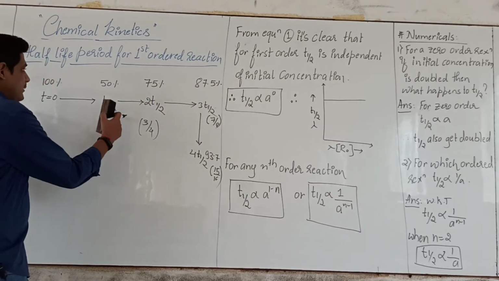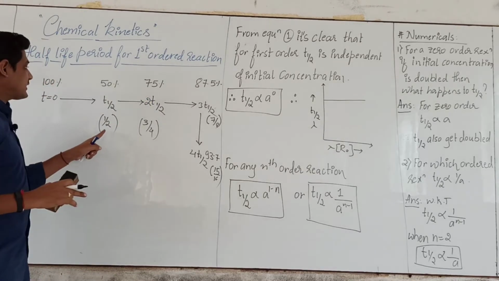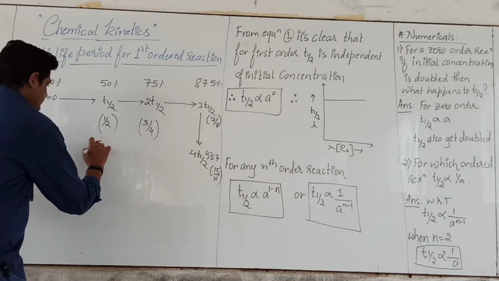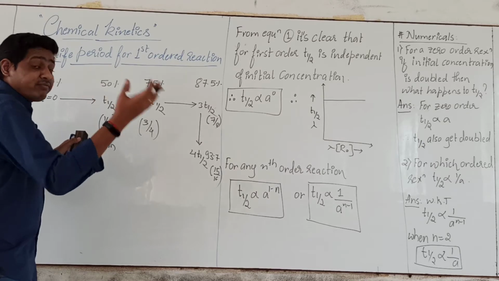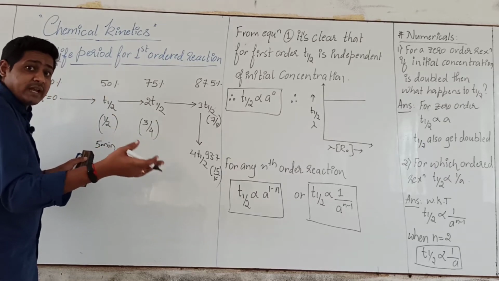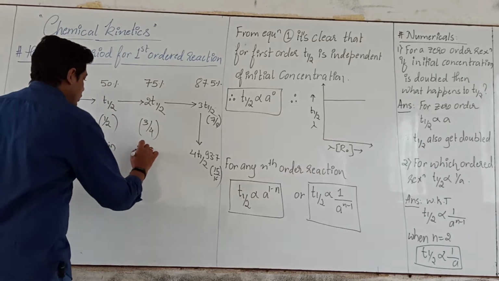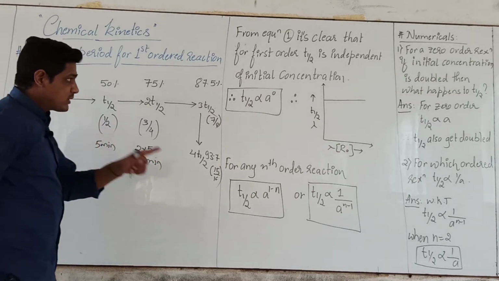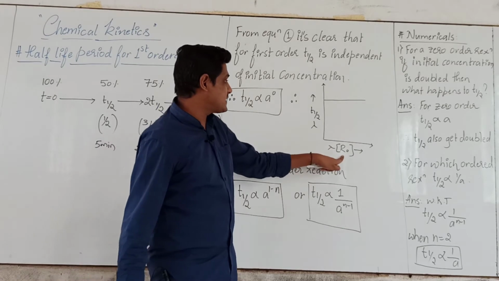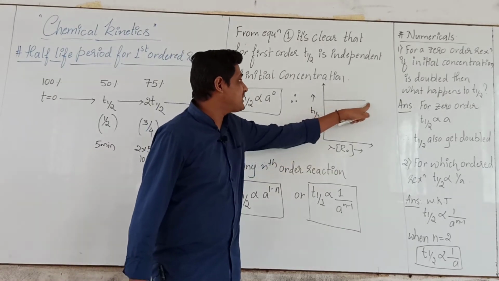For the completion of 50%, if it takes, let us say, 5 minutes, then for another half completion it will take again 5 minutes. So it will be 2 into 5, which is 10 minutes. Why like this? Because whatever the initial concentration, the half-life period will remain the same.